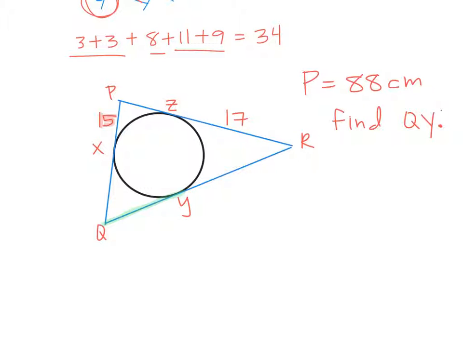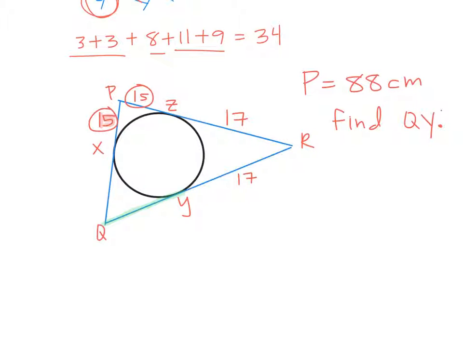What can we do? PZ would be 15 also, because this one's 15, so those two have to be the same. RY is 17. Okay, so here's the deal.